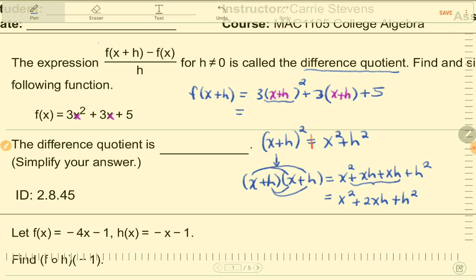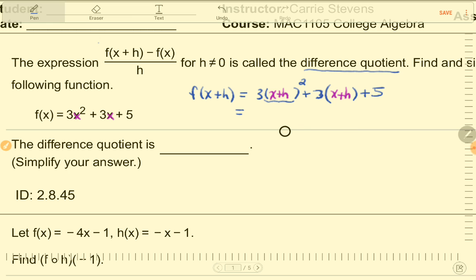All right, now I don't recommend that you do FOIL every time like that. It's fine in the beginning when you're getting used to multiplying polynomials and when you're trying to understand the perfect square trinomial pattern. But at some point, as soon as you see a binomial squared, you don't have to expand it and then FOIL it.